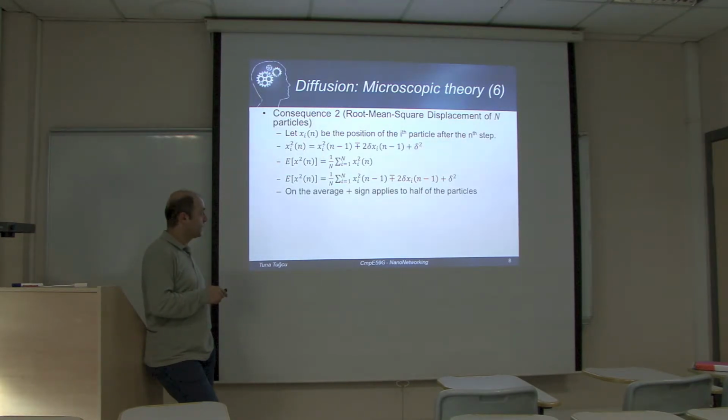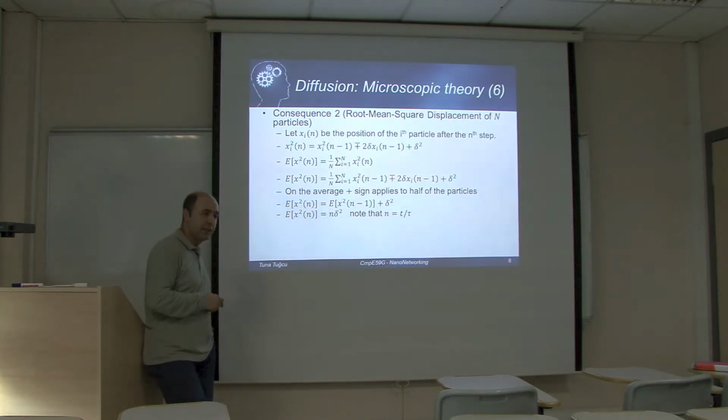On the average, half of them go to the right, half of them go to the left. So expected value of x squared of n would be expected value of x squared of n minus 1 plus delta squared, and expected value of x squared of n would be n times delta squared.